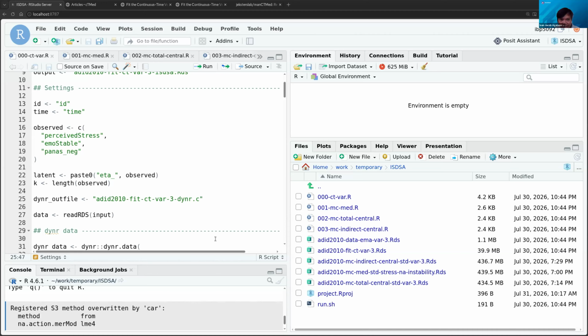Okay. So the ADID dataset is a dataset where there's an EMA component where individuals were asked, I think it's every 6 hours, four times a day, if I'm correct.